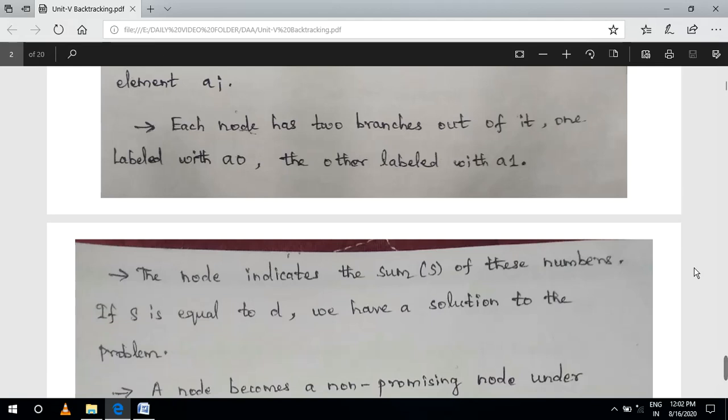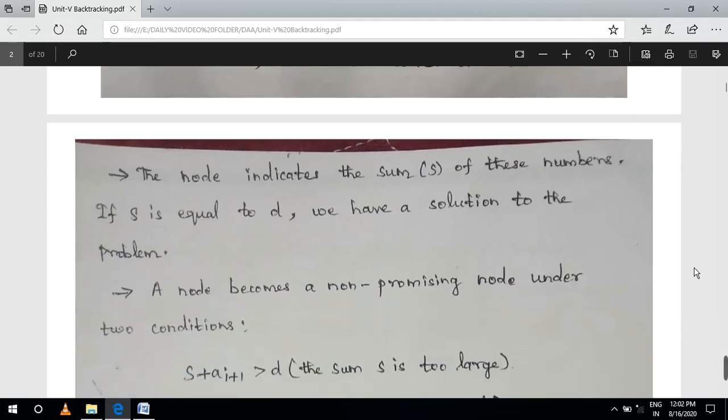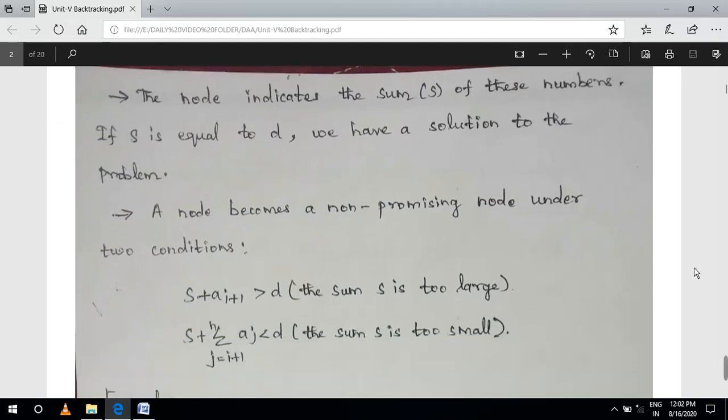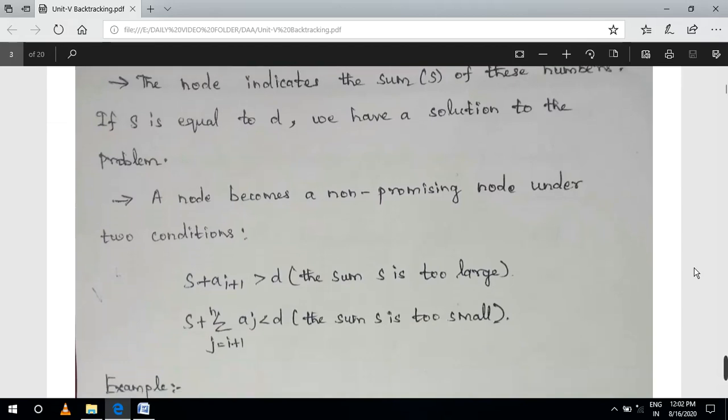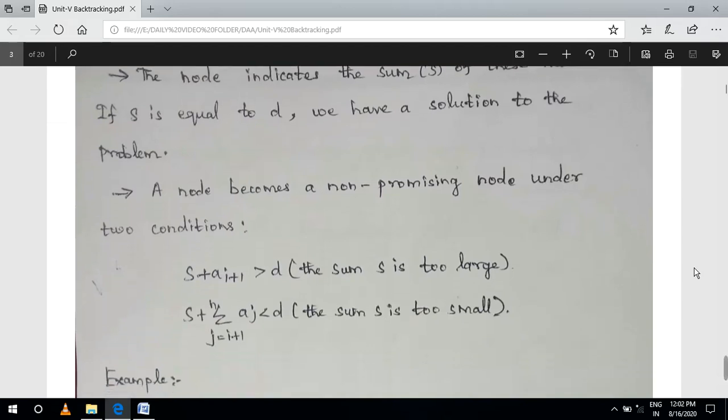This is the problem. Next point: a node becomes a non-promising node under two conditions. The first condition is S plus a(i+1) greater than d, where the sum S is too large.